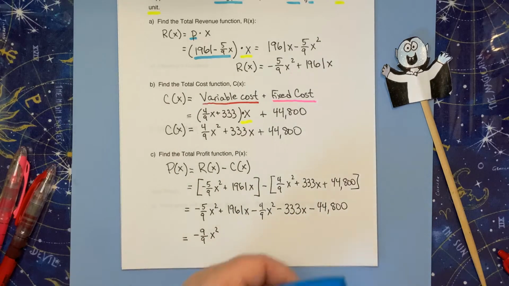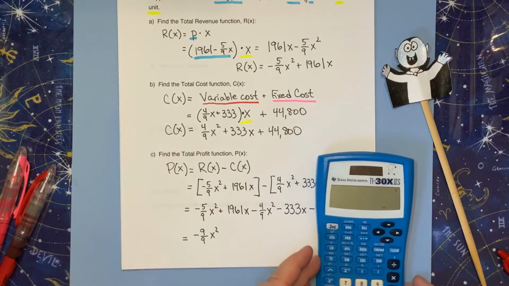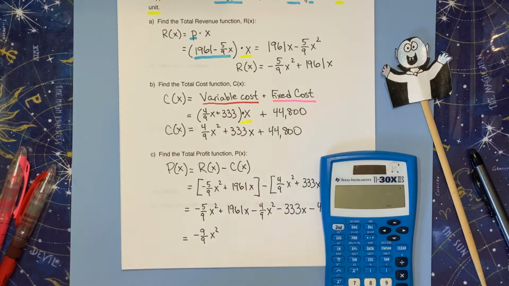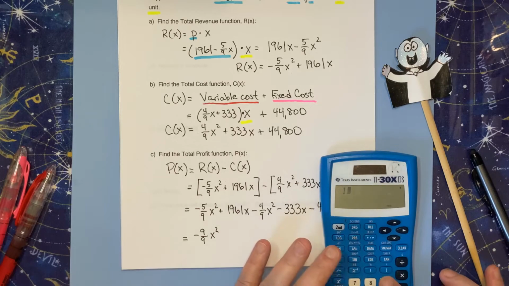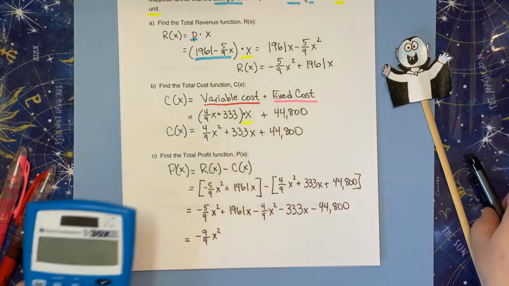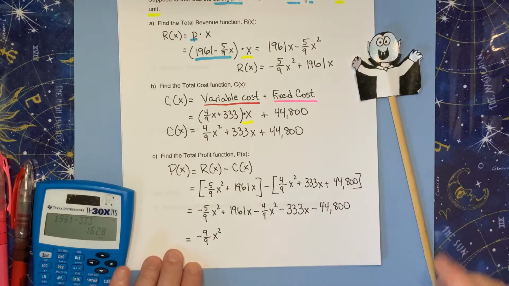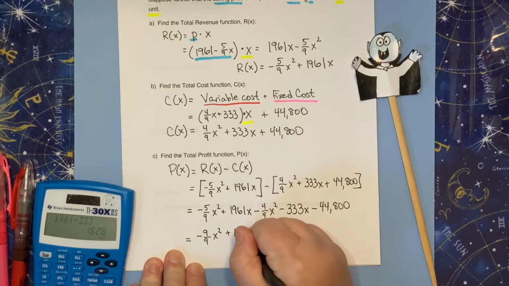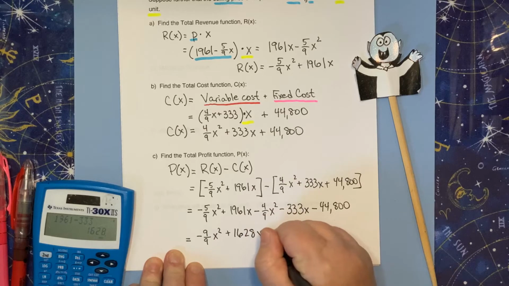Oh my gosh, I gotta tell you, today it's not one of those days when I trust my brain to do math. So I could do it in my head or I can just double check it. 1961 minus 333 is 1628. So I've got plus, sorry about that, plus 1628x.